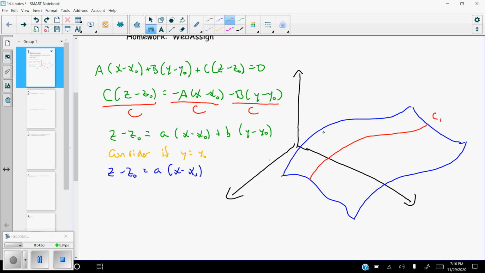So maybe it looks something like this, and then comes down over here. Who knows exactly what this looks like in 3 dimensions, but we'll call that one C2. The point of intersection right here is going to be our x naught, y naught, z naught. So that's basically our known point, because in order to write the equation of a tangent line, remember you needed to have a known point.